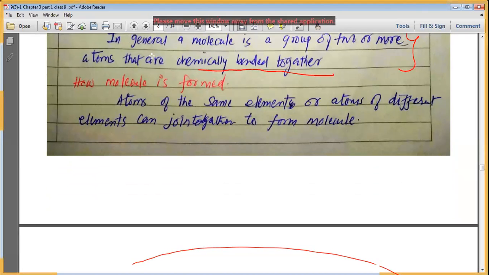So when an exact definition is required, you should write the definition with the three points, and molecule of element and molecule of compound.